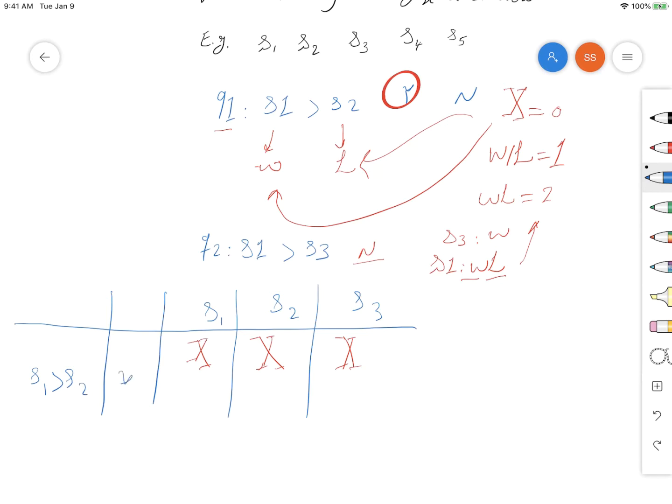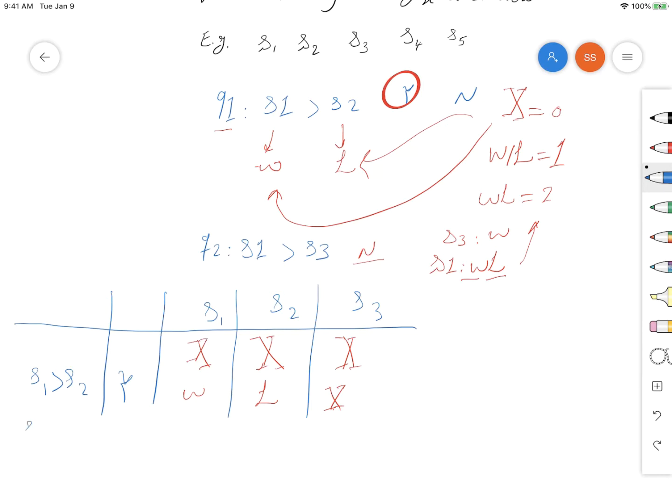Let's say the answer is yes. If this is the case, we are not changing the status of this third one, because we don't know about this item yet. But here we will have status W for S1, and status L for S2. So that was the first one.